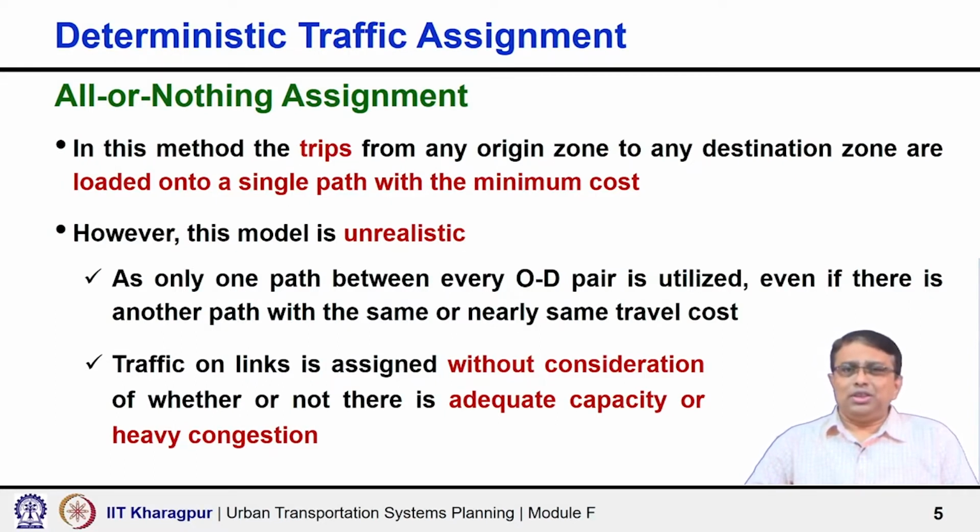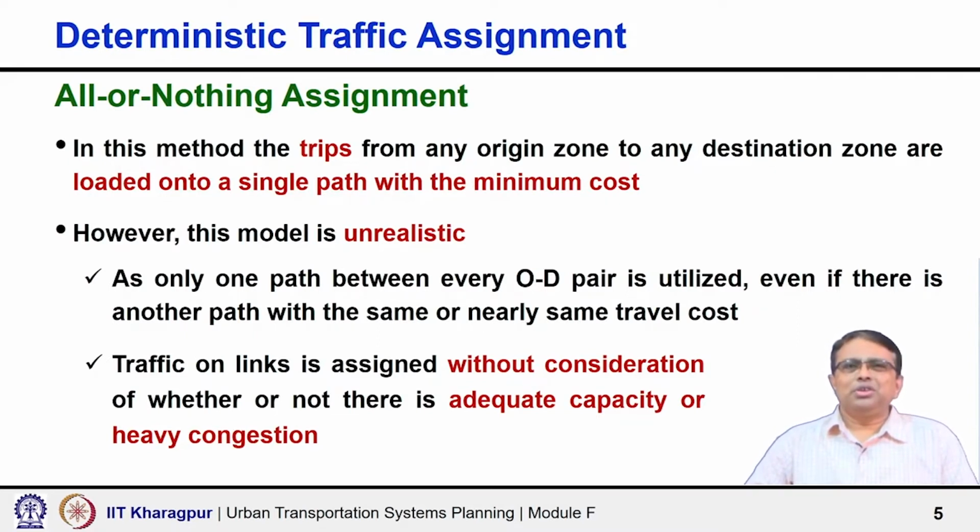But in many cases in the urban context, particularly in the Indian scenario, there is a huge imbalance between demand and supply. The network capacity is inadequate, or at least we can say moderately that demand is almost near the capacity, heavily loaded.